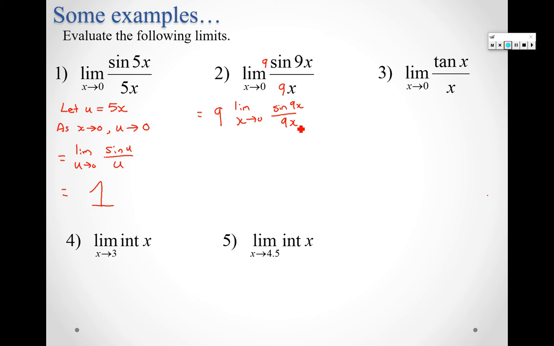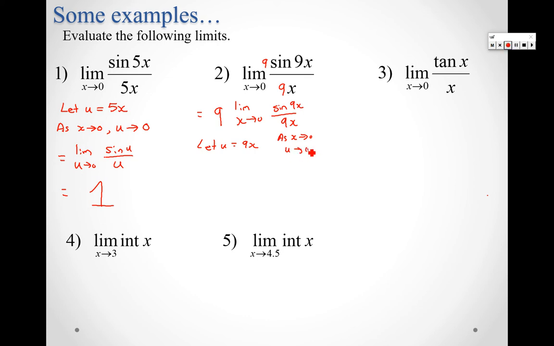Good? Who wants the next step? Now what should I do if I really want to formally do this? You may be already able to see exactly what's going to happen here. But if I want to make it really look like this, what would my next step be? Yeah, I like this let u equal 9x step. And then a little note to say, well, as x goes to 0, u goes to 0.